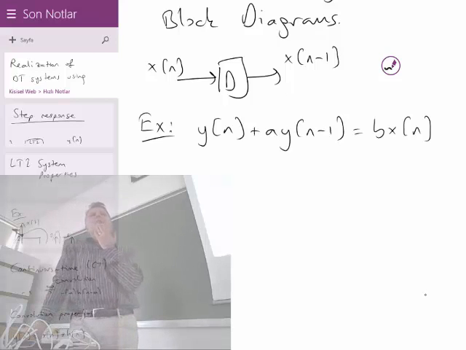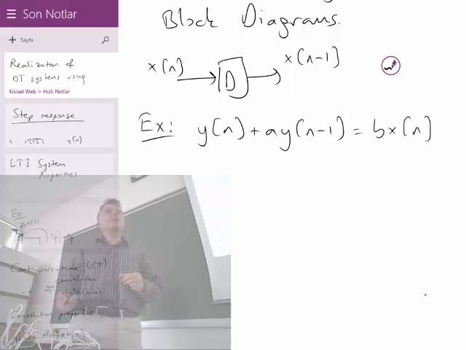Now, you may think of it like this. Suppose that this is a causal system. What is a causal system? A causal system means that when you apply an impulse, the output will start to become non-zero after zero. Can you find the impulse response of this system?